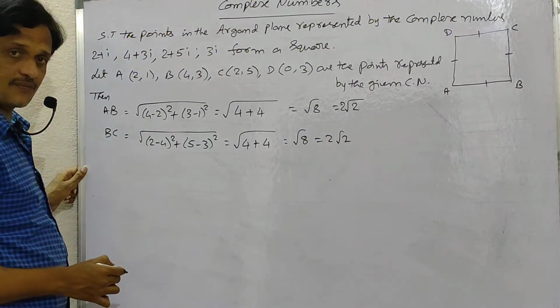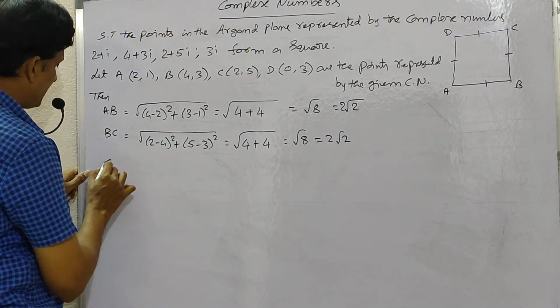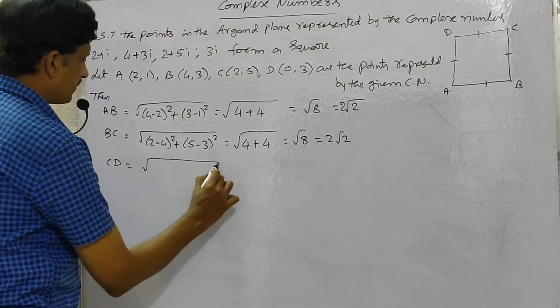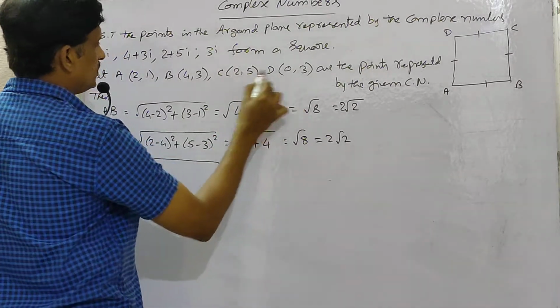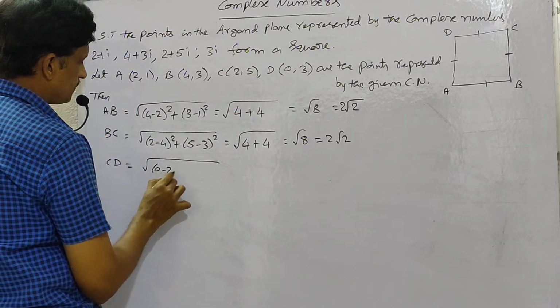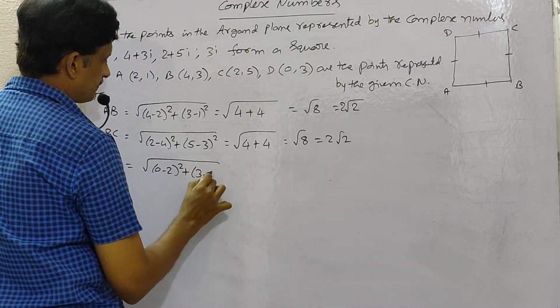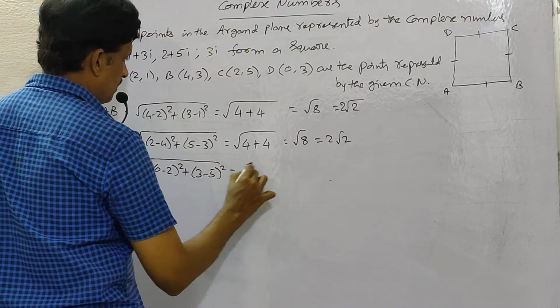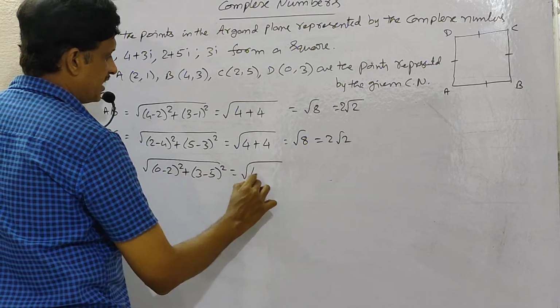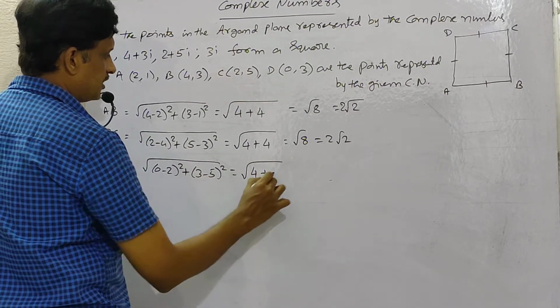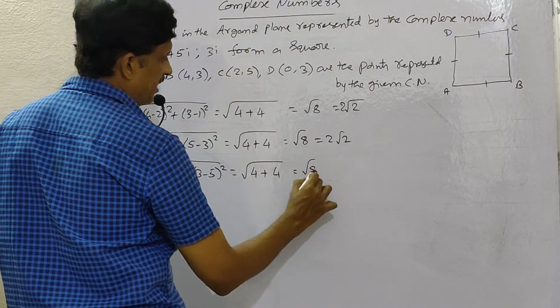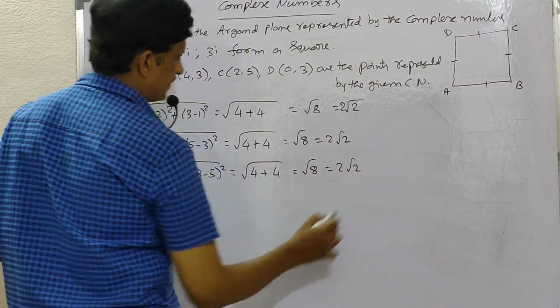So these two sides are of the same length, AB and BC. Next CD. Consider these two, 0 minus 2 whole square plus 3 minus 5 whole square. That is again 0 minus 2 whole square is 4 plus minus 2 whole square is 4. That is again root 8, that is 2 root 2, same length.